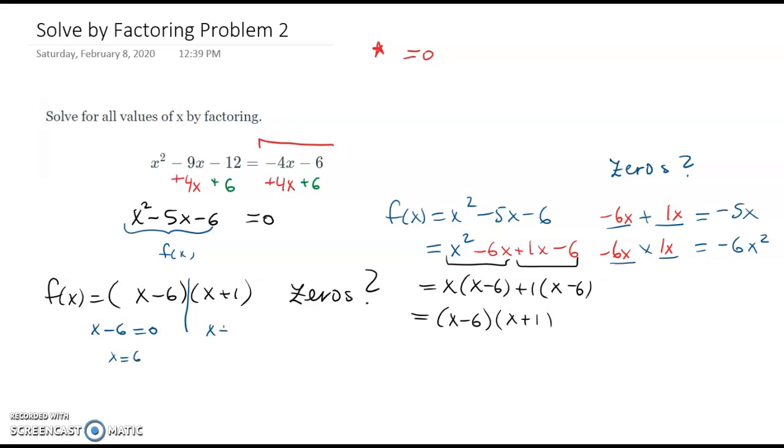Then I look at the second factor, and I get my second 0 to be negative 1. So these are the zeros of my function, the x values that make my output, or my answer, equal to 0. They are also going to be my solutions to the original quadratic equation. So that's it, that's my answer: x equals 6 or x equals negative 1.